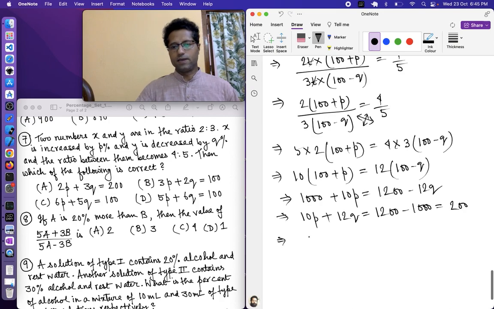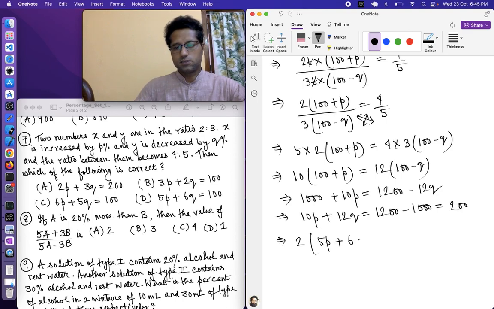From 10p plus 12q we can take 2 as a common factor, and we get 2 multiplied by (5p plus 6q). On the right hand side, 200, we can say 2 into 100.